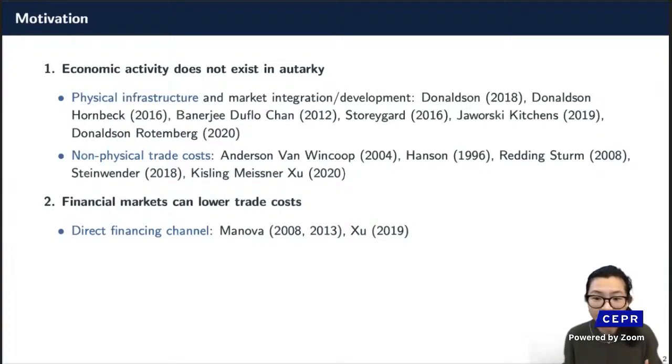And this is seen both in emerging markets today, as well as at various points in the US in the past. But physical trade costs are typically understood to be a very small component of overall trade costs. And this goes back to the seminal work by Anderson and van Wincoop, for instance.